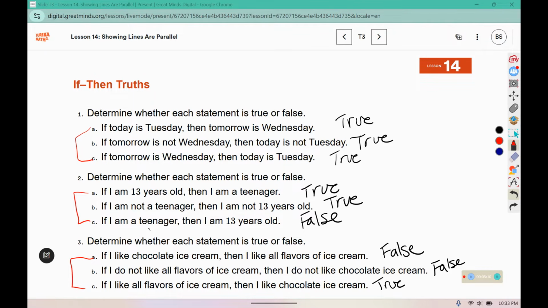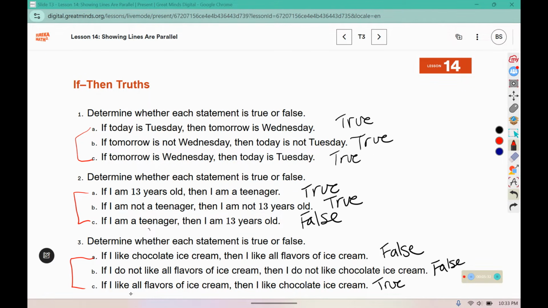So, is it safe to assume that if the statement is true, the converse also has to be true? Well, that was the case here, but not in this one. A was true, but C was false. And in 3, A was false, but C was true.